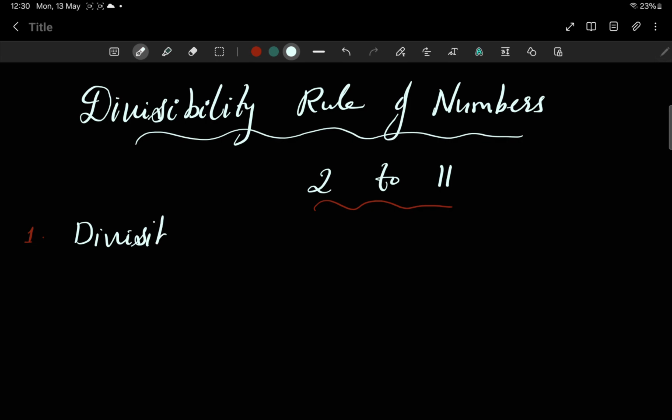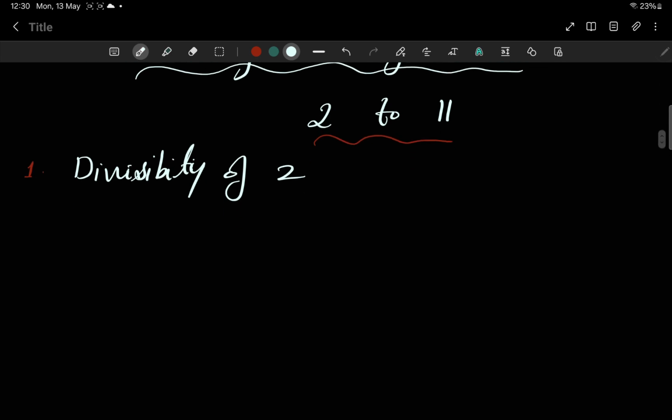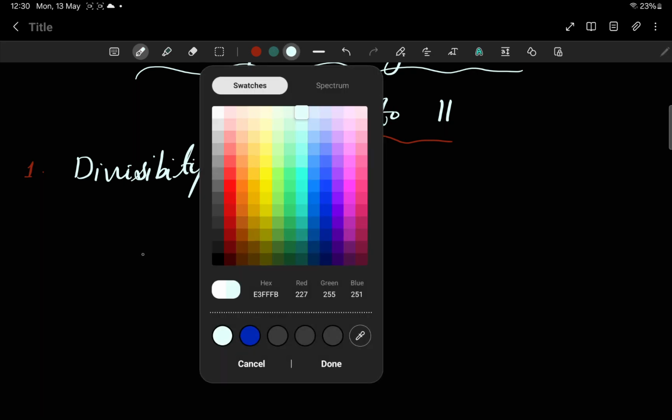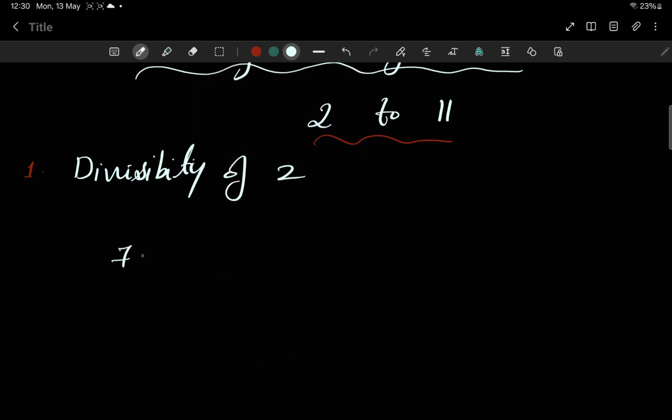That is the divisibility rule of 2. So, in order to check whether a number is divisible by 2, you need to check the last digit. Let me write one example. That is 738. You need to check the last digit only. The last digit means you need to check the unit digit.